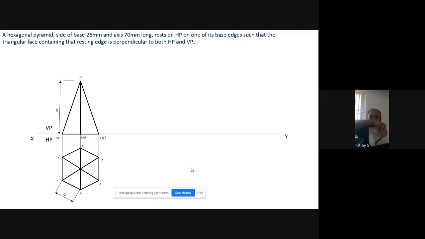So that edge is perpendicular to both VP and HP. That would be your third drawing or third position, right? That's all I have done. I have made this face perpendicular to VP and perpendicular to HP.